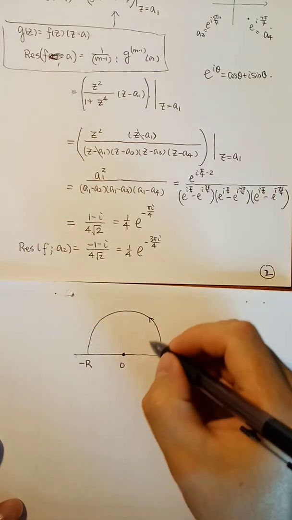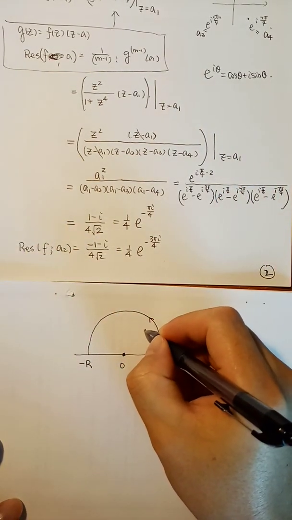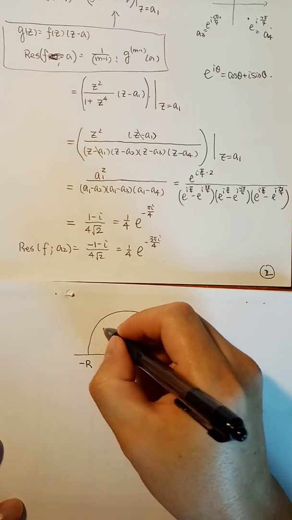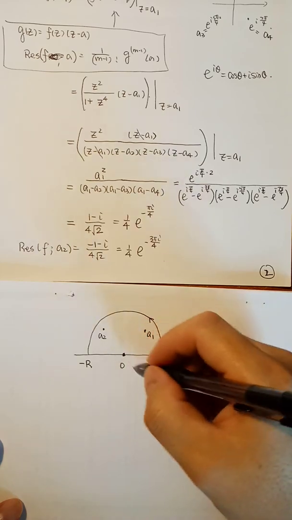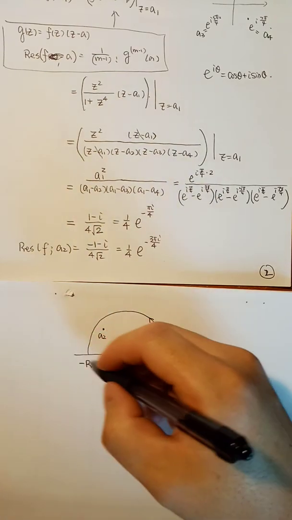So when R is greater than 1, those two poles are already included in this closed rectifiable curve.